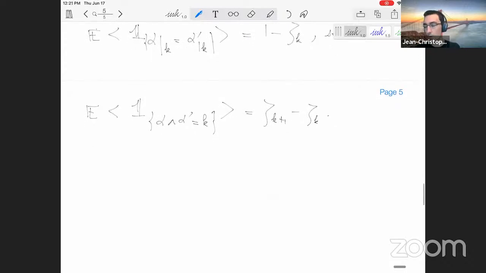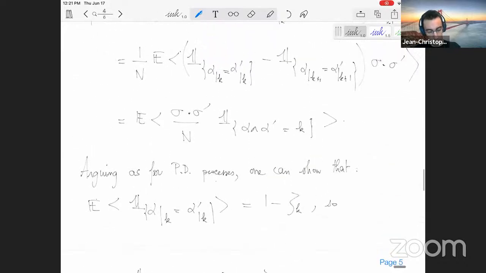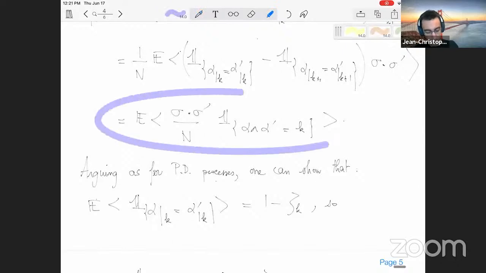A way to summarize the computation: let me rewrite this calculation ending here as a conditional expectation.